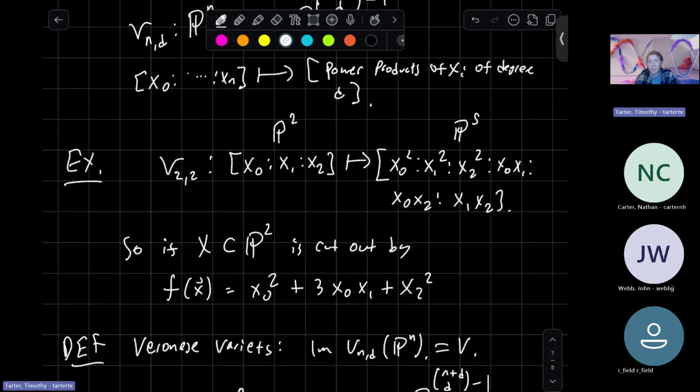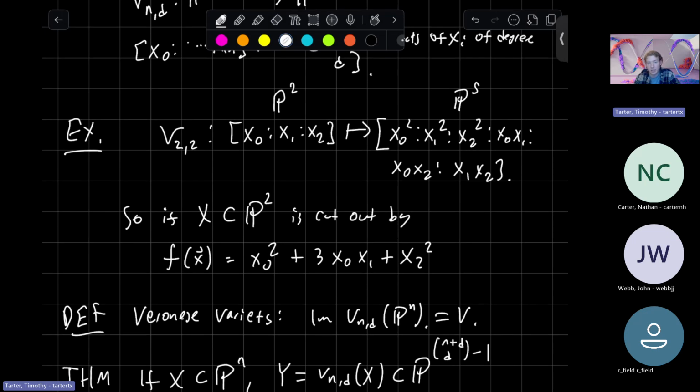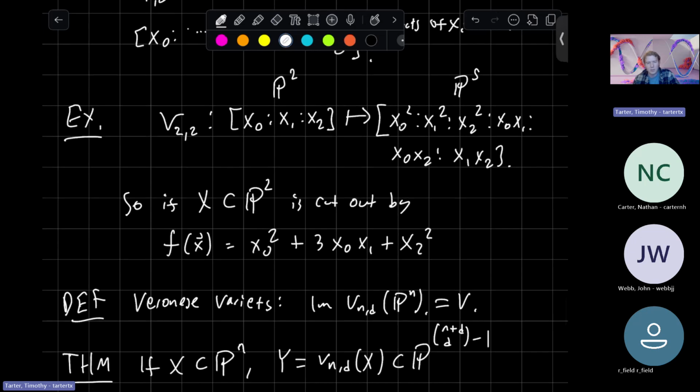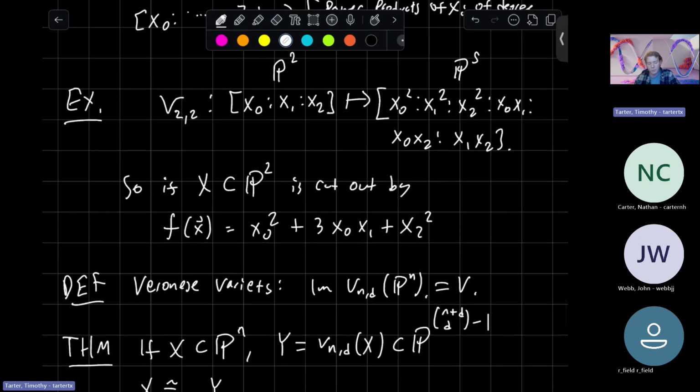It's cut out by the same equation in both, but in P5 it's viewed as a linear subspace, and in P2 it's a very nonlinear subspace, but they are isomorphic. So this should give some intuition about how varieties relate to each other.